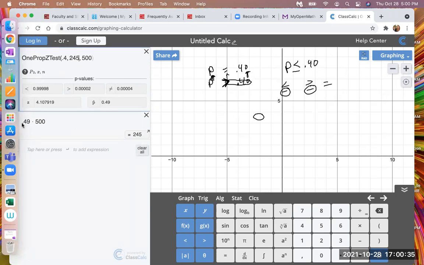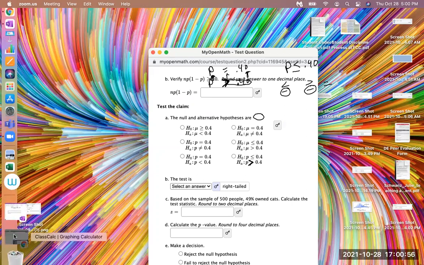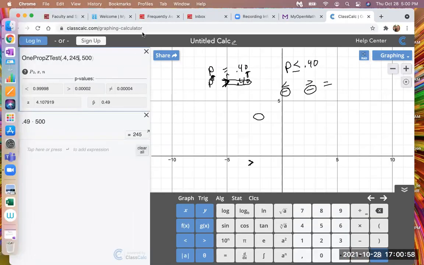So we have to match this symbol with the symbol in the alternative hypothesis. If you look back at the alternative hypothesis here, I have this symbol, and the alligator's mouth is facing toward the left. So I just have to go back over here and find out which alligator's mouth is facing to the left.